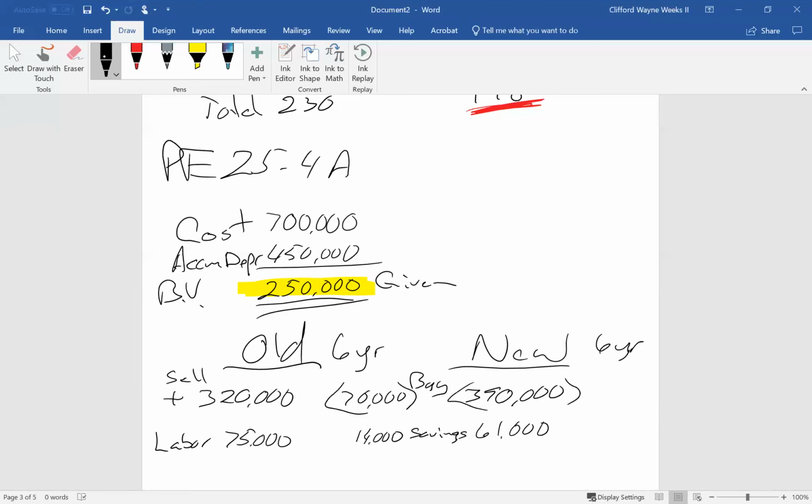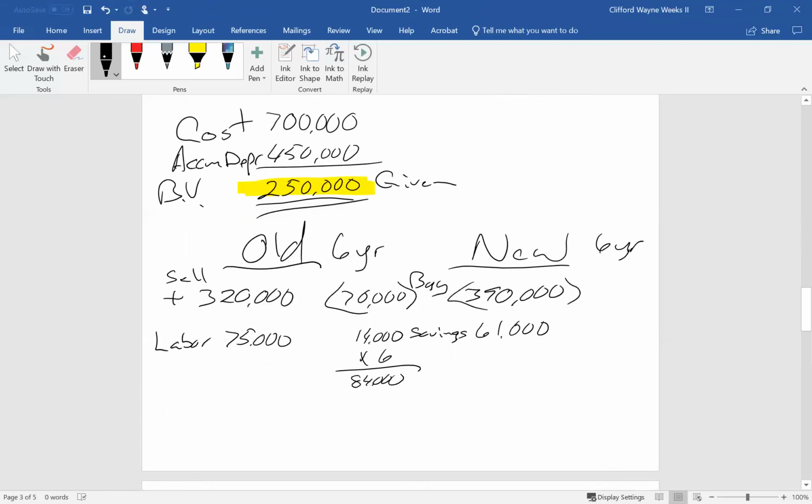But that's every year, and so we multiply this times the 6 years. We come up with $84,000. And so this $84,000 can offset that 70,000.